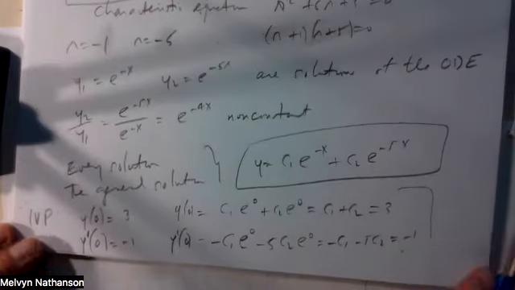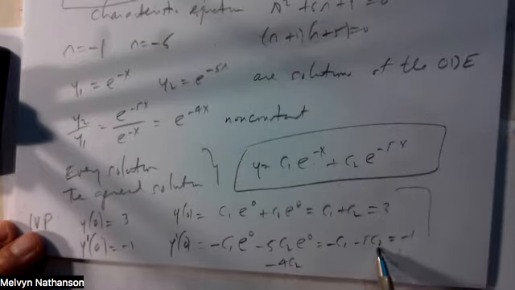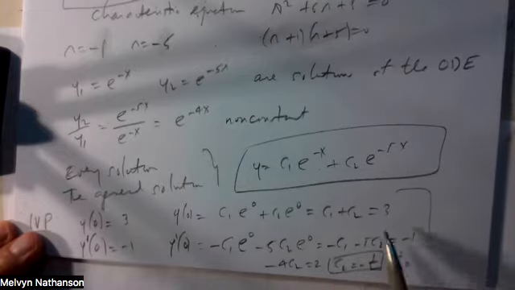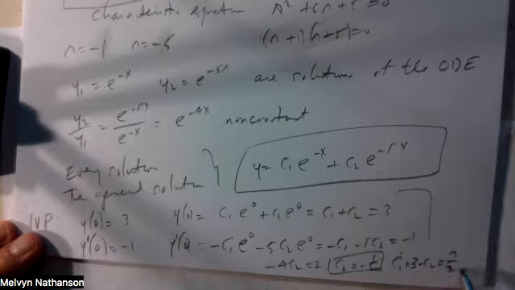So we have to solve two equations and two unknowns. If you add, you would get minus 4c2 equals 2. So c2 is -0.5. And so c1 will be 3 minus c2, which is 3 plus 1/2, which is 7/2.